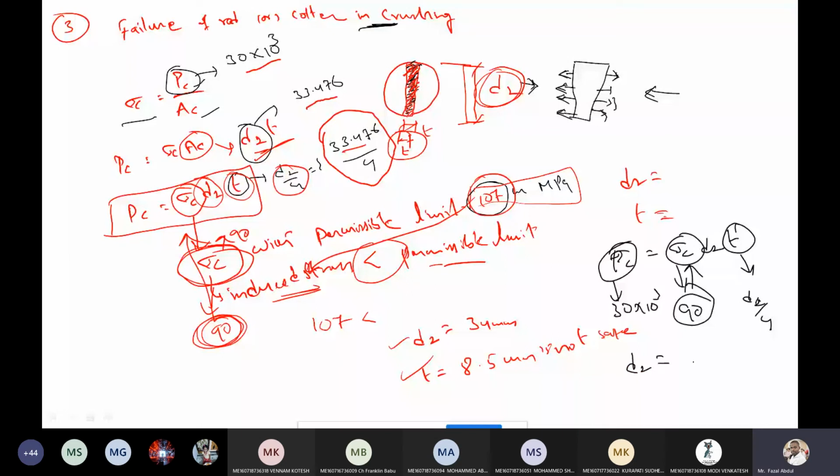In the same manner T also is a safe condition. Tell me the D2 value. Make it fast, Babu. What is D2?